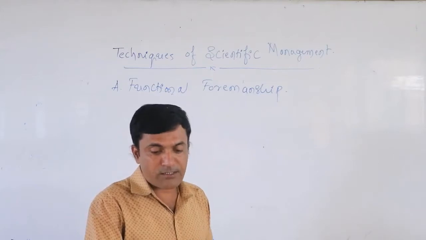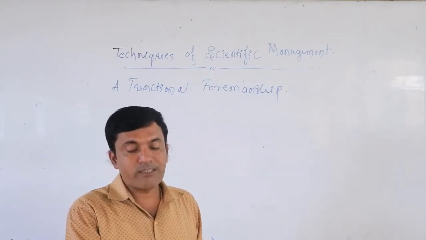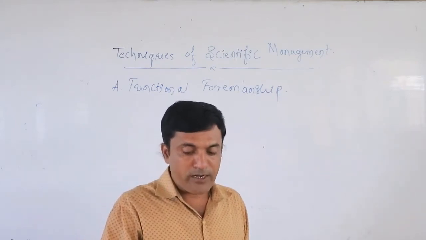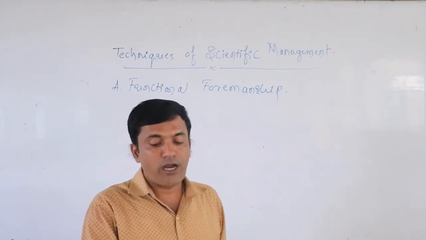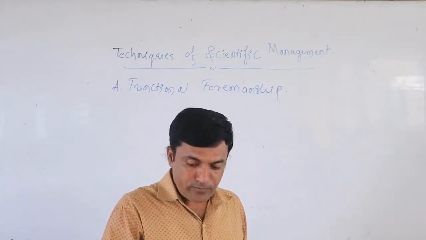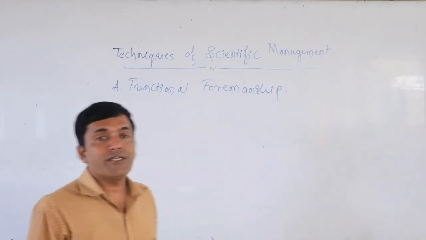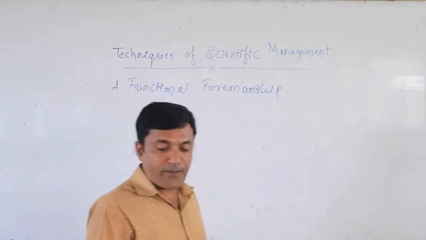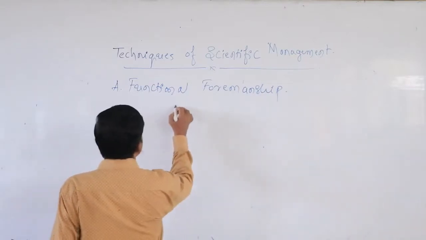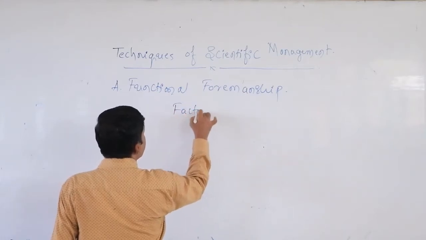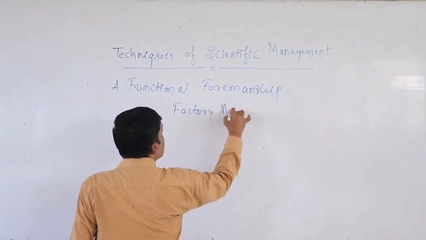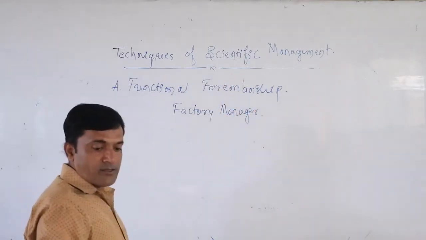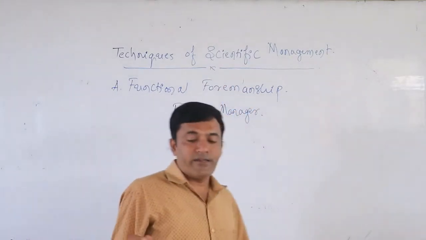So under this heading, dear students, I would like to give you one flow chart that is very important, the functional foremanship flow chart. So I am very much interested to draw it on the board. Factory manager. He is basically divided into two.